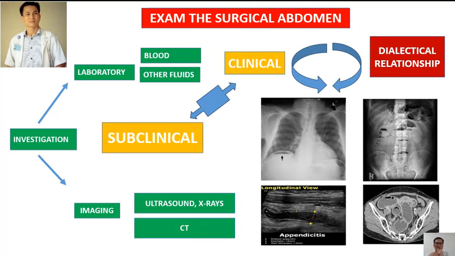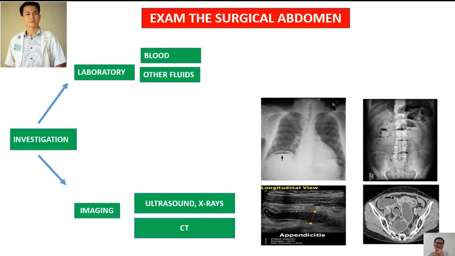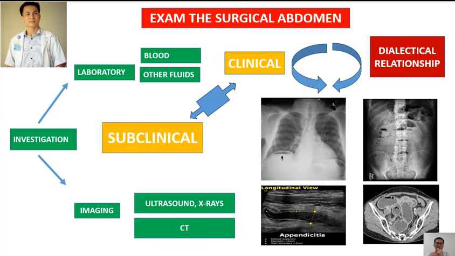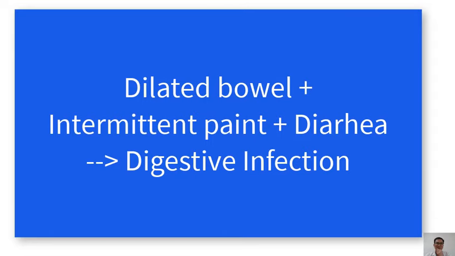However, the clinical picture must align with these findings. That means we have to look for symptoms such as abdominal pain, vomiting, and distension. If diarrhea is present, we have to consider the possibility of a digestive infection rather than a bowel obstruction.